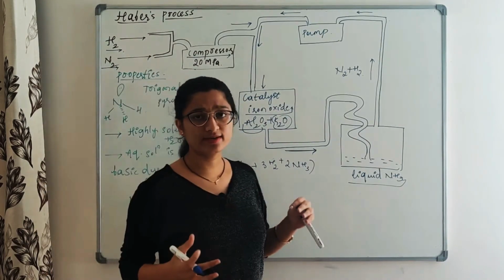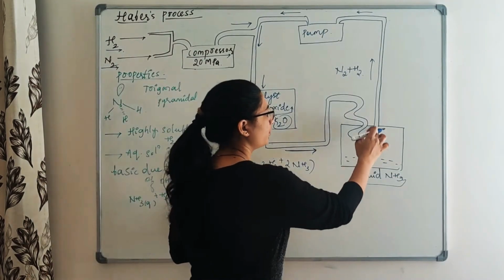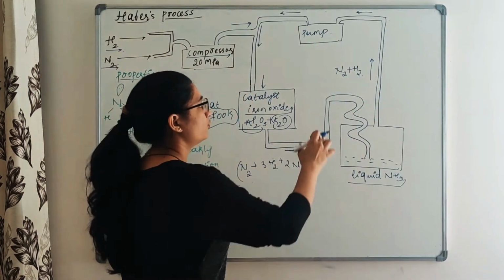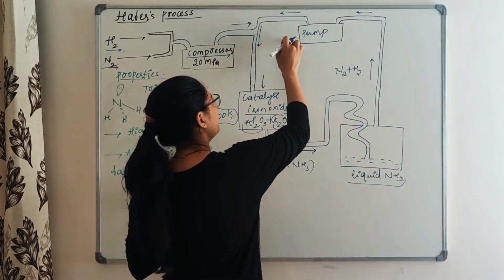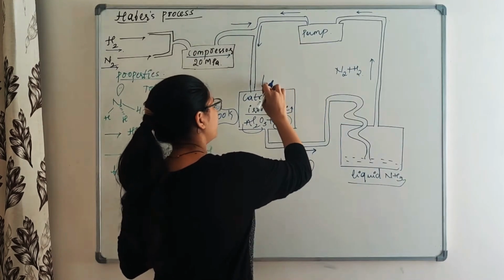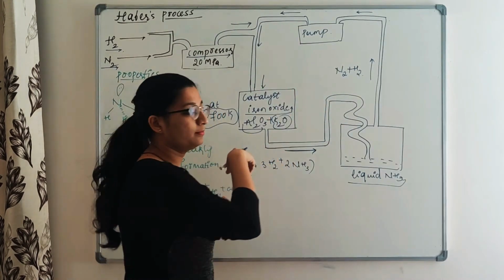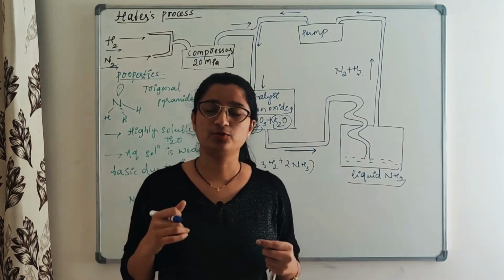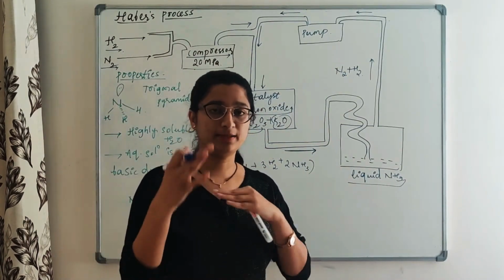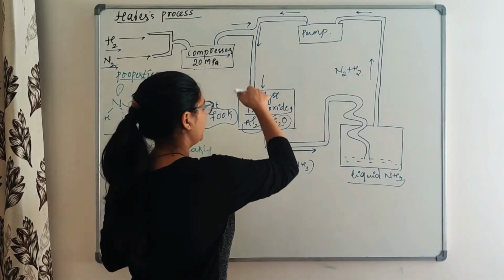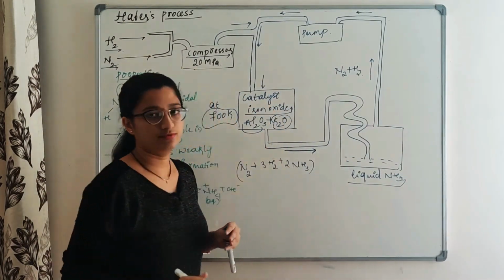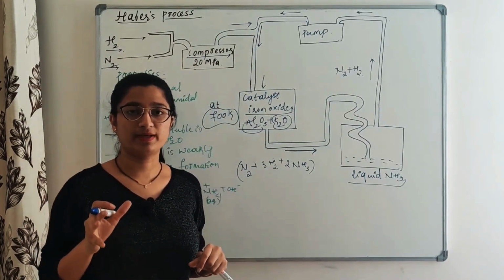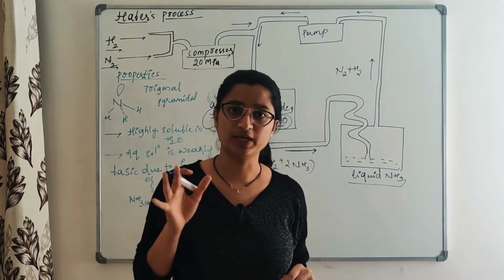That unreacted N2 and H2 will again pass, with the help of a pump, and react with the catalyst in the same way, and the process will continue. So the unreacted N2 and H2 are passed again and reacted again, and we form NH3 here. So this is how we prepare ammonia by the Haber's process.